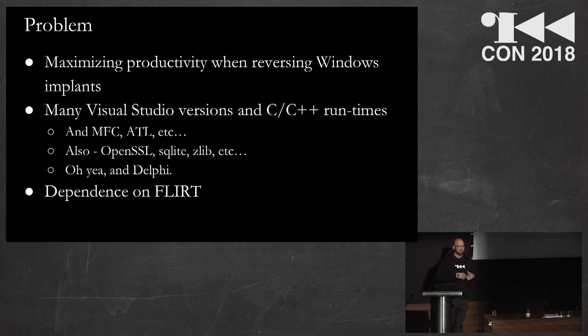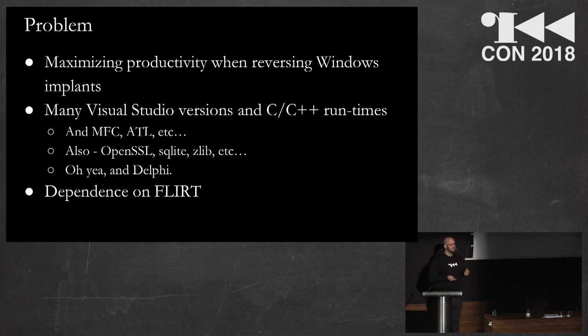If you think about expanding even further, OpenSSL, SQLite, zlib, different compression libraries, all of these can end up in your malware sample, as malware developers can use statically linked code, and even Borland's Delphi is still something that we have to care about.